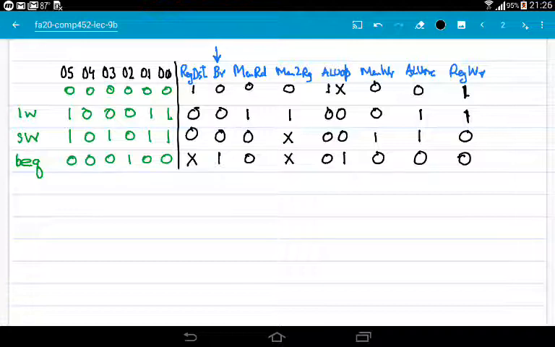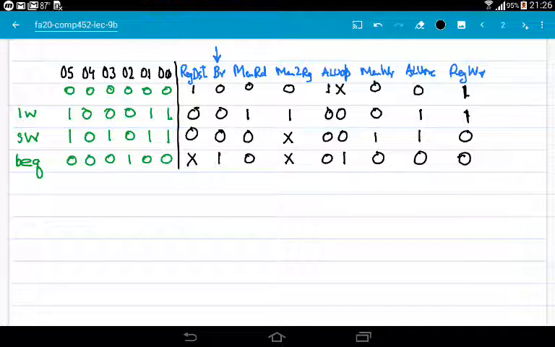It's a beautiful example. It will tell you how the jump instructions are implemented, and with that we complete our discussion of data path and main controller. We have completed the main controller.